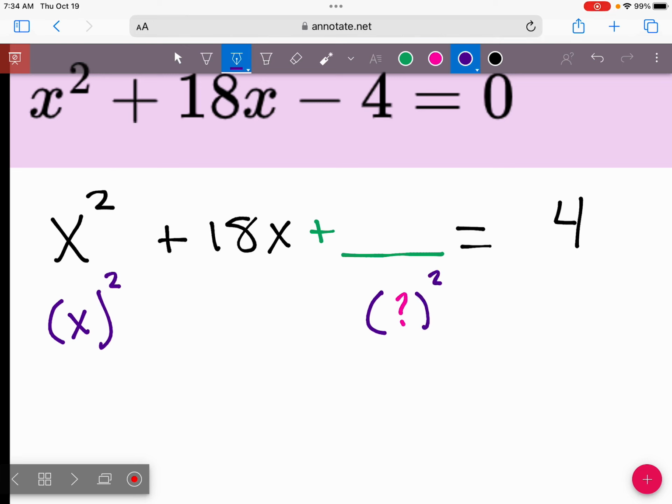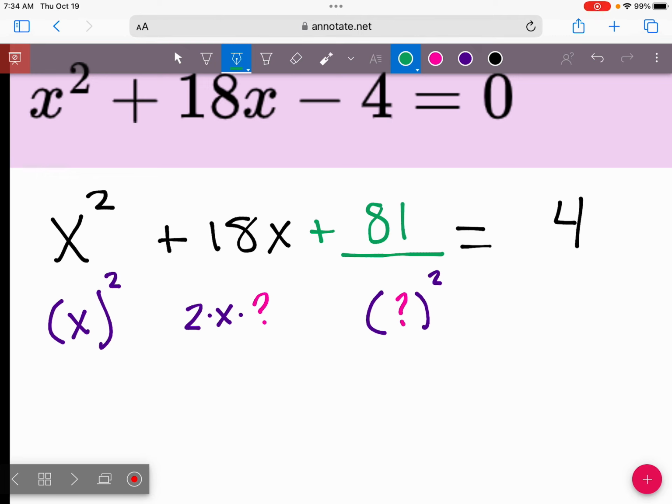You just, I think, did it twice. Yeah, 9, because this is 2 times x times question mark, right? So question mark is 9, which means at the end is what? What's C? It's 81.